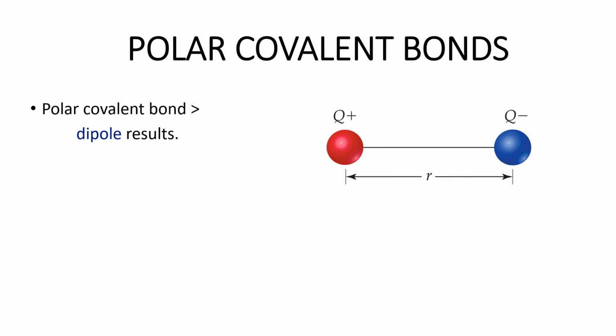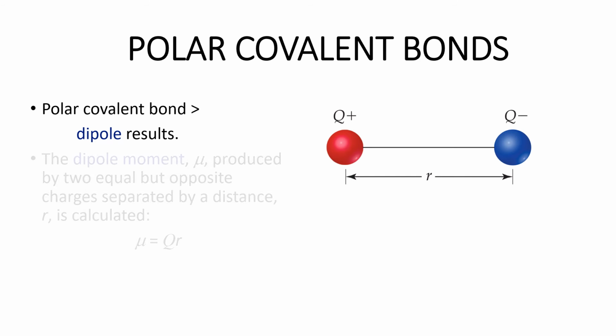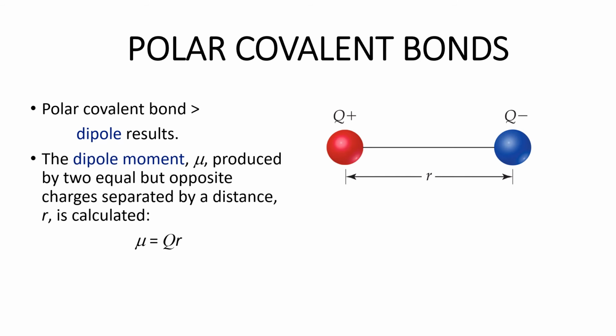Let's think these two atoms contain Q negative charge and Q positive charge, separated by the distance R. Then the dipole moment, mu, is equal to QR.